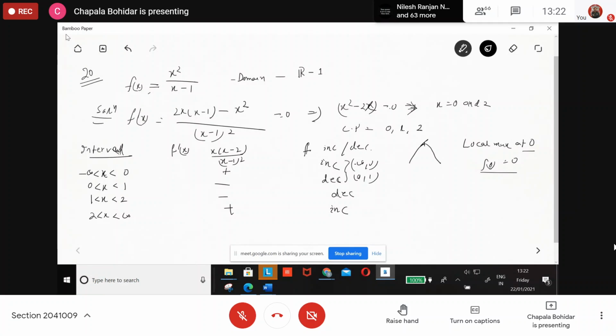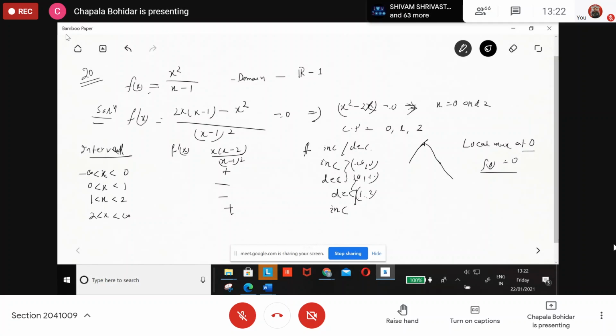Clear? When I put the value 0, I am getting 0. Then in this interval, 0 to 1 and 1 to 2, it is decreasing and decreasing, is not it?